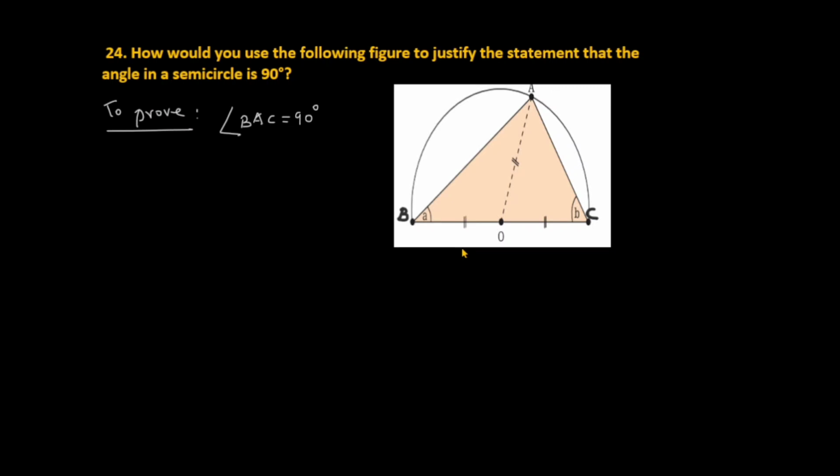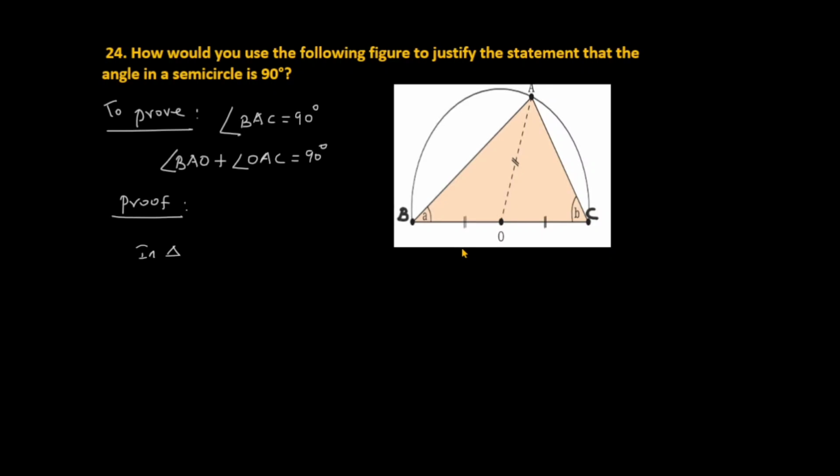From the diagram, BAC is nothing but angle BAO plus angle OAC, that is equal to 90 degrees. So we will take a triangle for the proof.